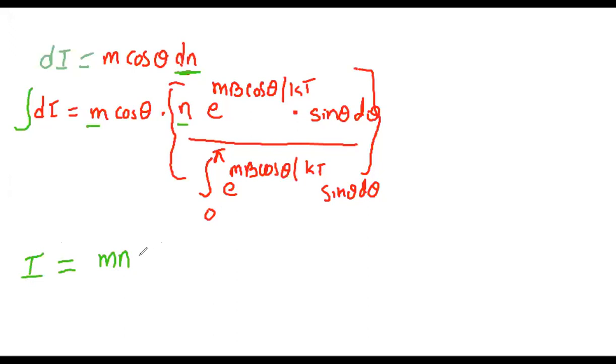Then what happened, tell me? I have to integrate in the numerator also, right? So integral of 0 to pi e power mb cos theta by kt, then into sin theta. There is a cos theta also, right?